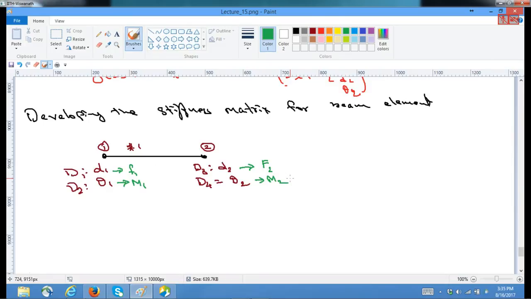So now what I want to do is very similar to the stiffness matrix which I obtained in the previous class for the case of trusses.